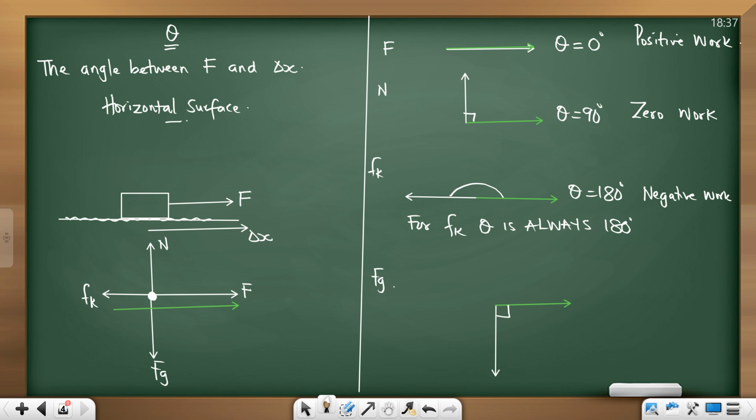What's cos 270? 0. It makes no difference whether I'm going clockwise or anti-clockwise. When we get to a slope, that's why I'm looking at a horizontal surface now, then I have to be specific by saying FG perpendicular and FG parallel. So here, theta equals what? 90 degrees, and we talk about what? 0 work.